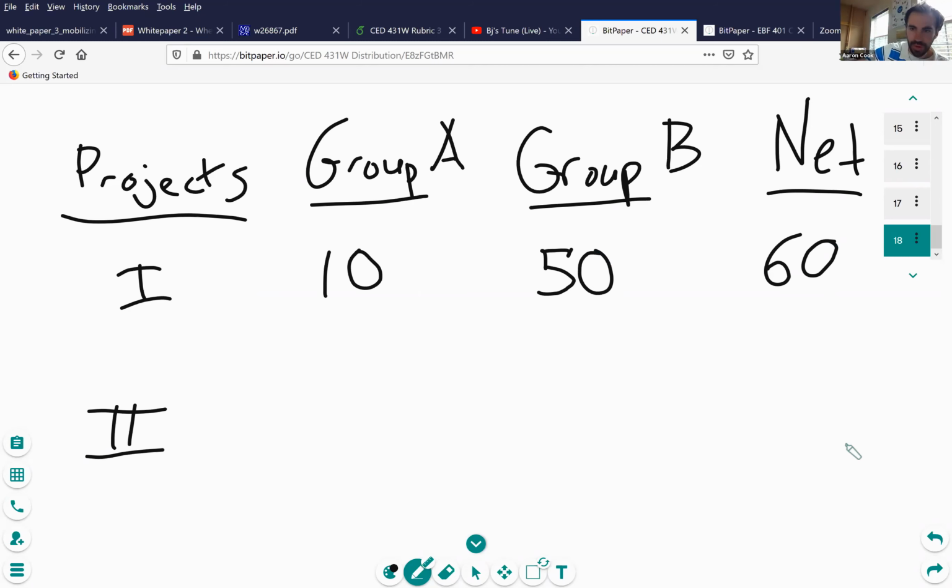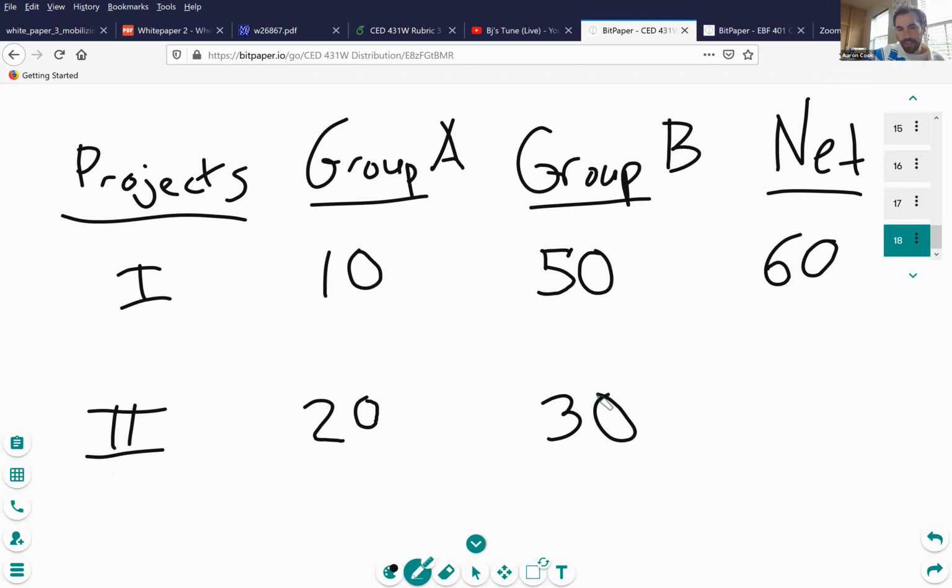The units are important here. We're just thinking about relative amounts. Now, an alternative project, project 2, is going to pay off more for group A. It's going to give them double of what they would get under project 1. But group B is going to have smaller benefits under project 2 relative to project 1.